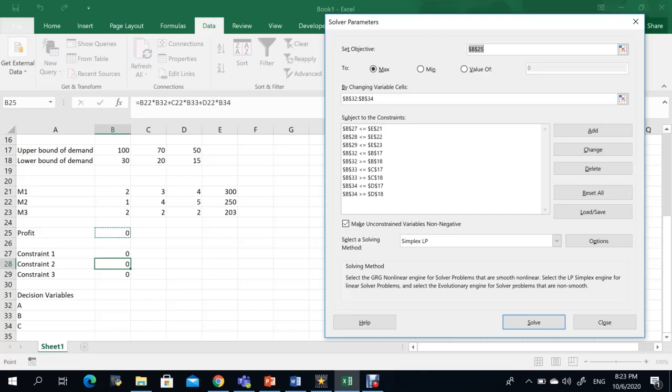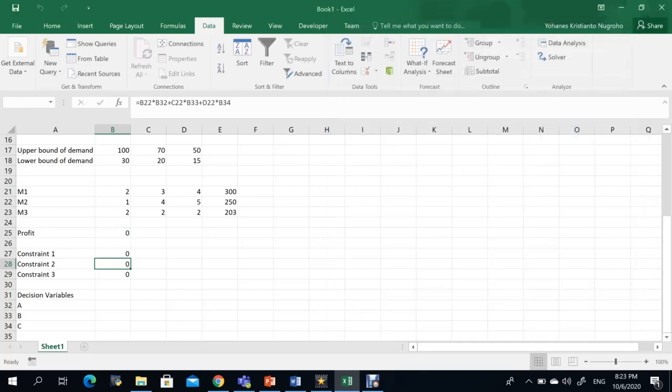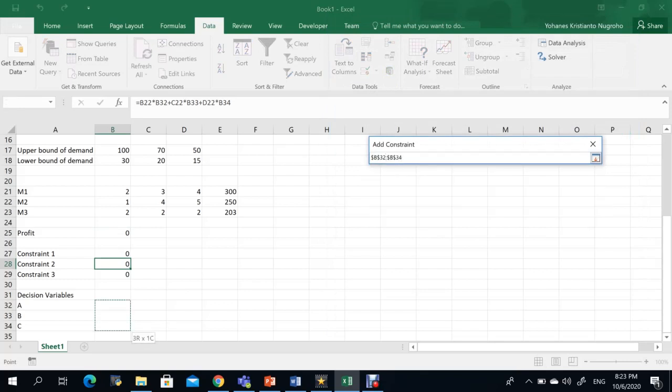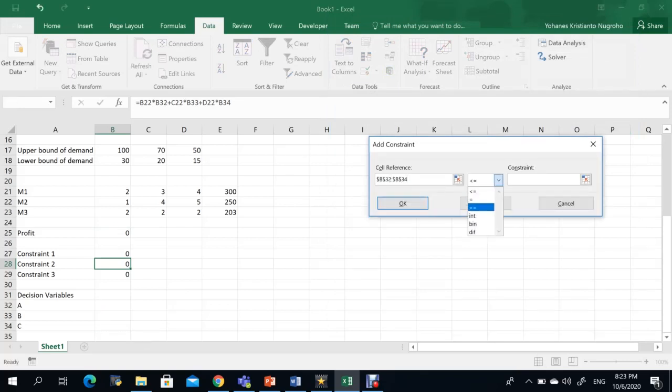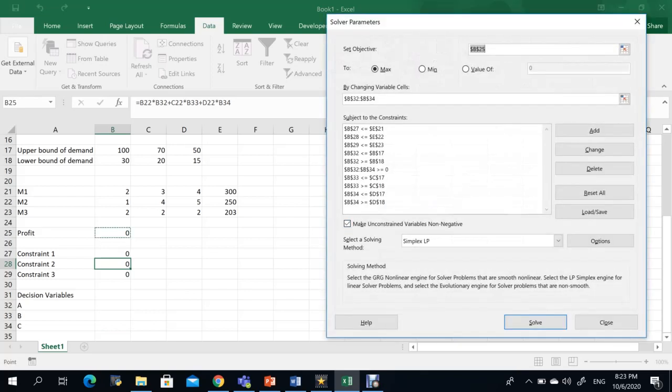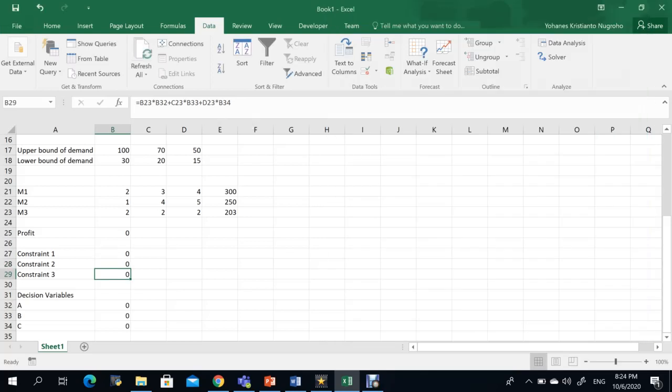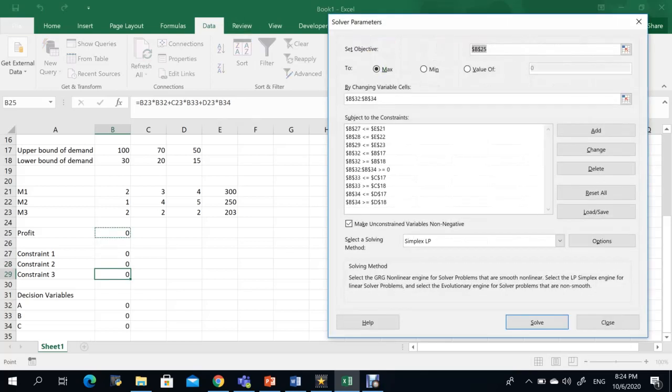That is non-negativity, meaning that we have to ensure that this should be higher or equal to 0. We have to maximize P25, the profit, by changing these decision variables. Okay, now we have everything on our table, and let's start solving the problem.